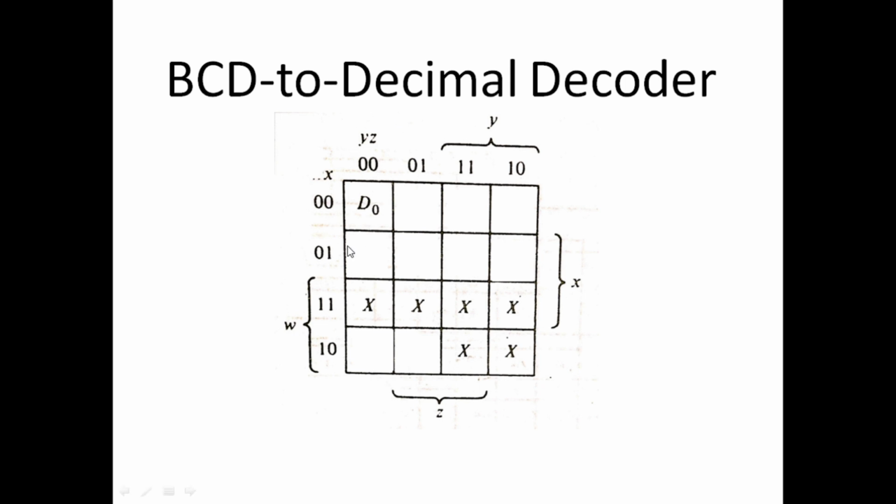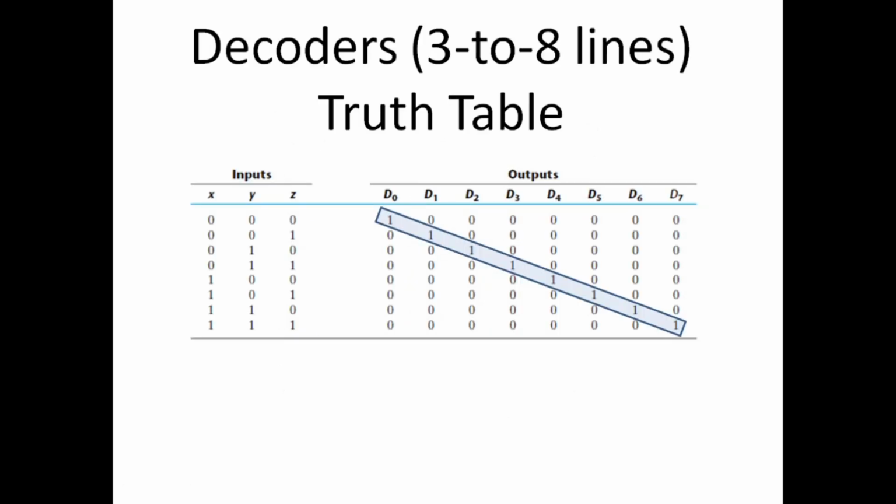We would create a Kmap for D0, and as D0 is 1, then only the first minterm would be 1 and all of the rest would be 0, just like in the Kmap. This is the Kmap for 3 to 8 line decoder, and D0 is 1 only in the first case. When for the first minterm it is 1, and for all the rest it is 0.